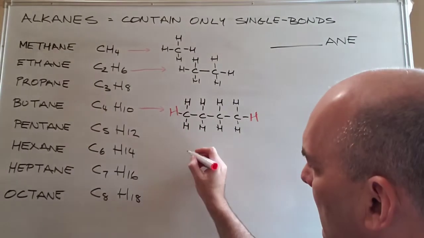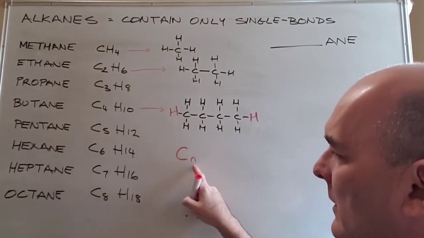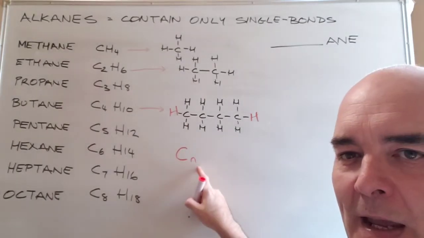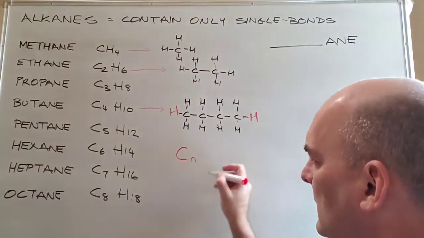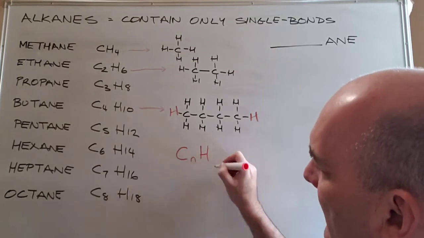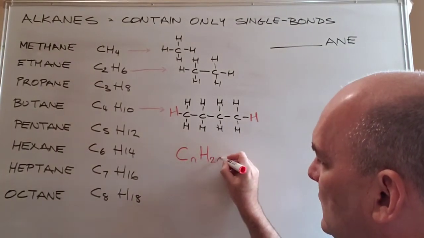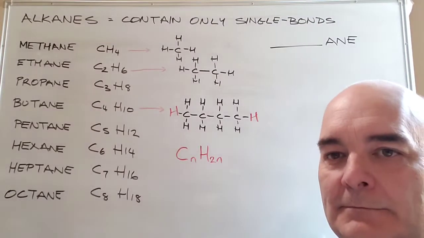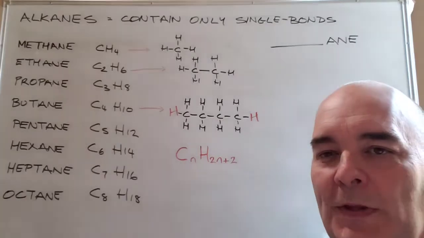So generically, we could say that for every number of carbons that we have, n being just an integer 1, 2, 3, 4, 5, 6, 7, the number of hydrogens that belong to those carbons is twice as many, and then 2 at the end.